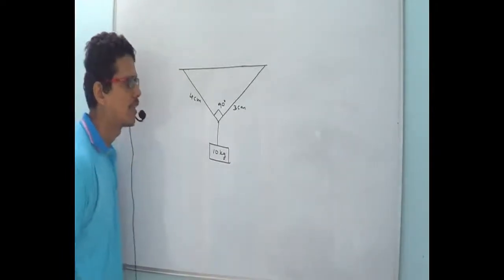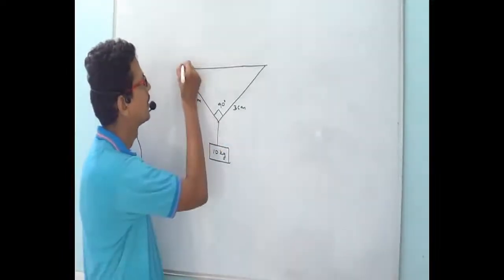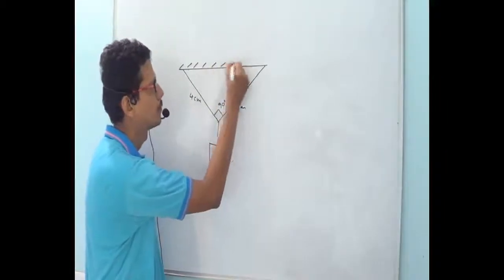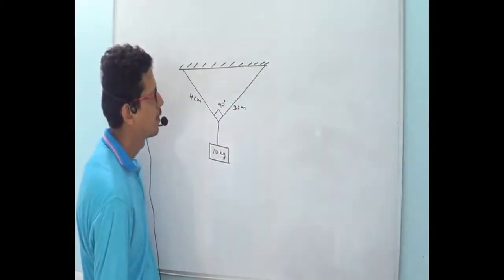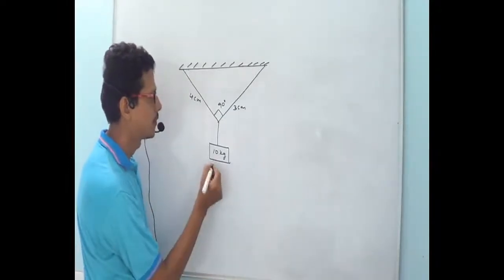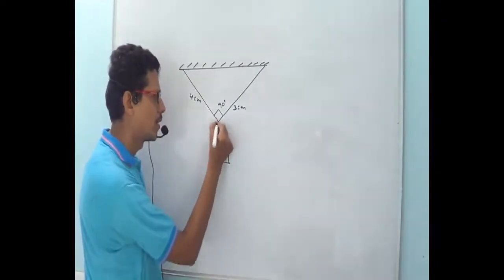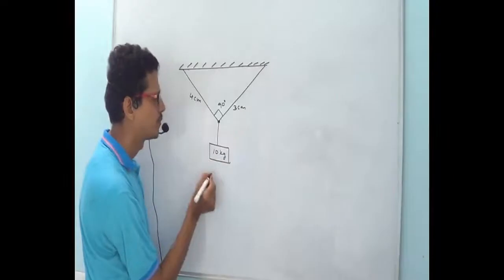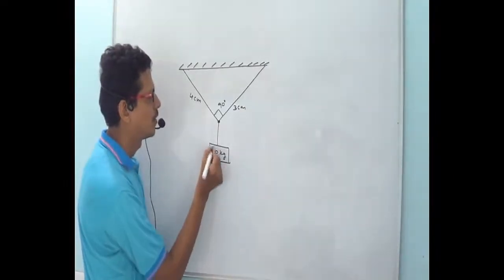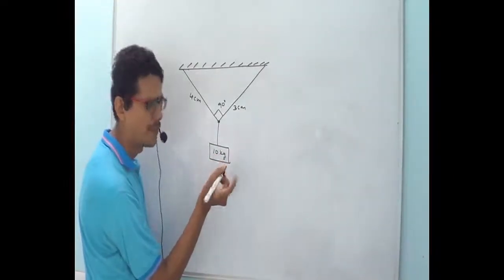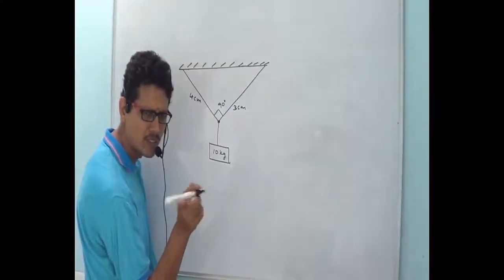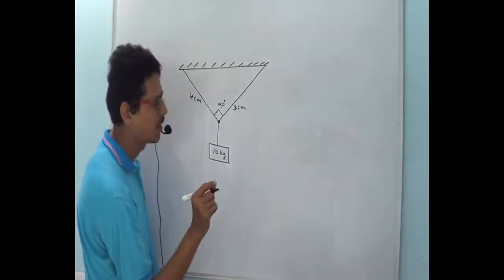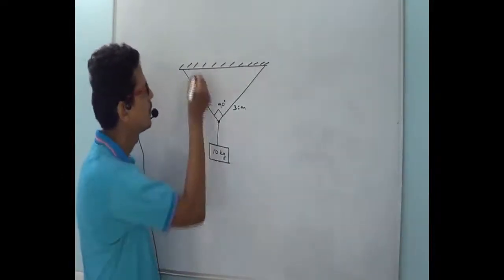This is the roof, or ceiling we call it, and this body is in equilibrium. That means F1 by sine alpha is equal to F2 by sine beta is equal to F3 by sine gamma. I can write that the system is in equilibrium.